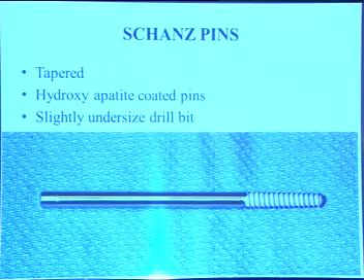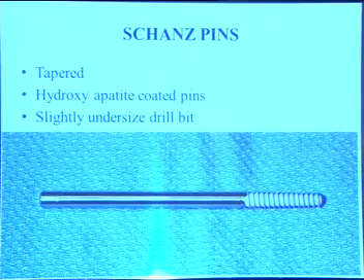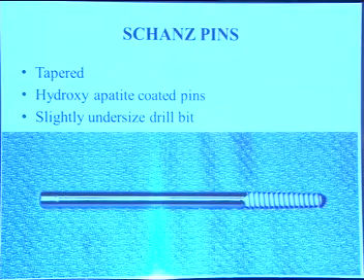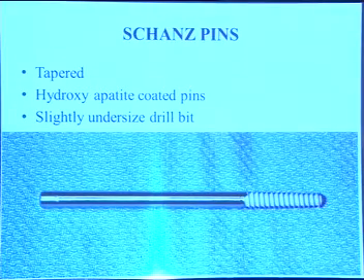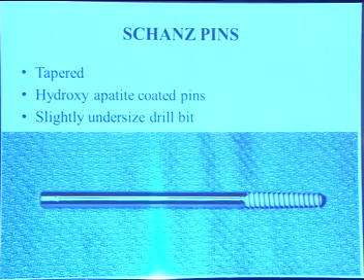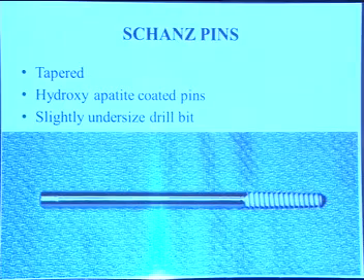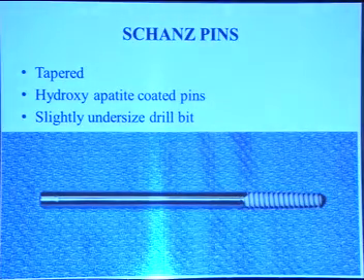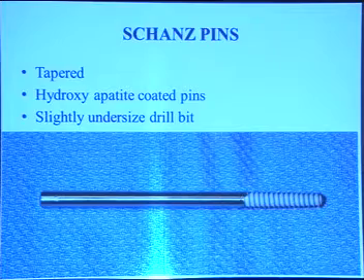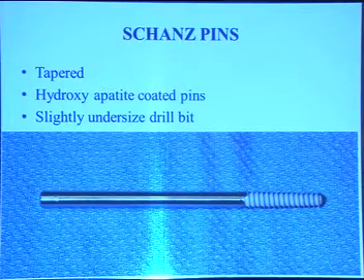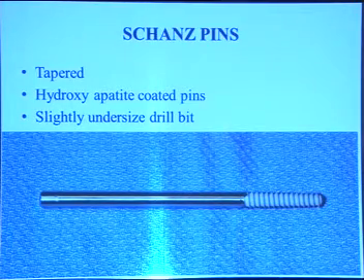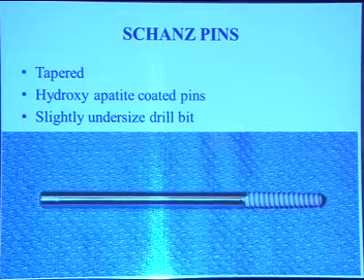Second, we can use shank pins depending on the stability of fixation, and nowadays taper shank pins have become common. 5 or 6 mm shank pins can be used, and the best one is the hydroxyapatite coated shank pins. Even though they are relatively expensive, they give a good amount of stability to the fixation.